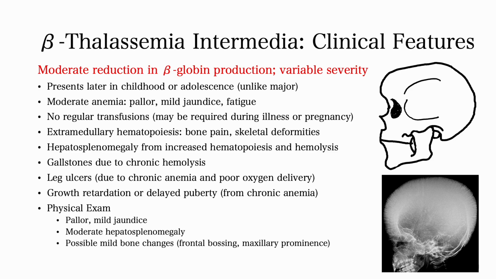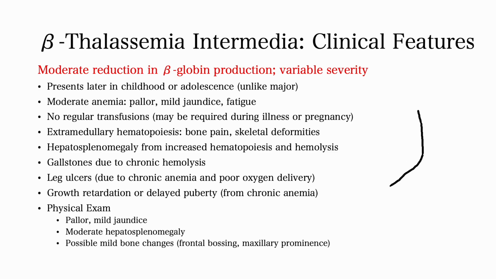Gallstones due to chronic hemolysis again could be present. Leg ulcers due to chronic anemia and poor oxygenation could be present as well, and this is relevant for beta thalassemia major as well. And growth retardation and delayed puberty, again, similar to that of beta thalassemia major, could be present, could not be present.